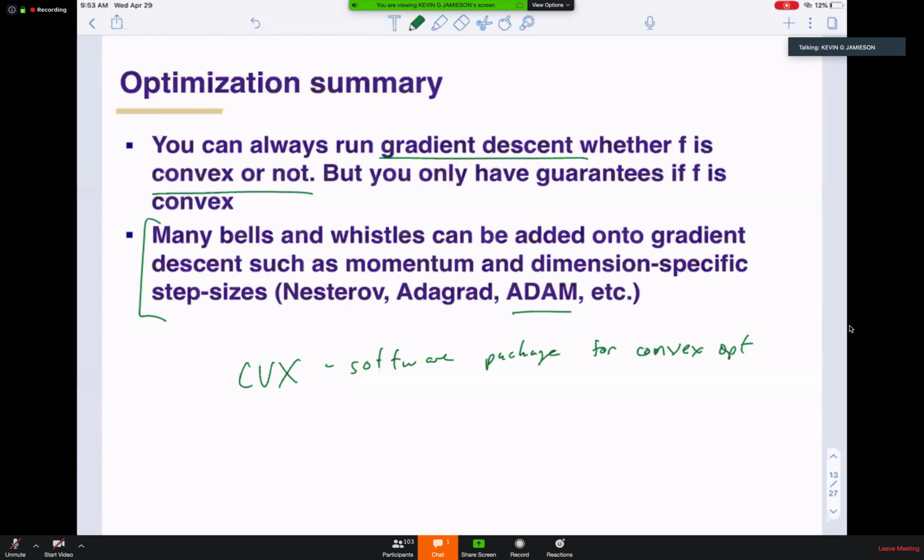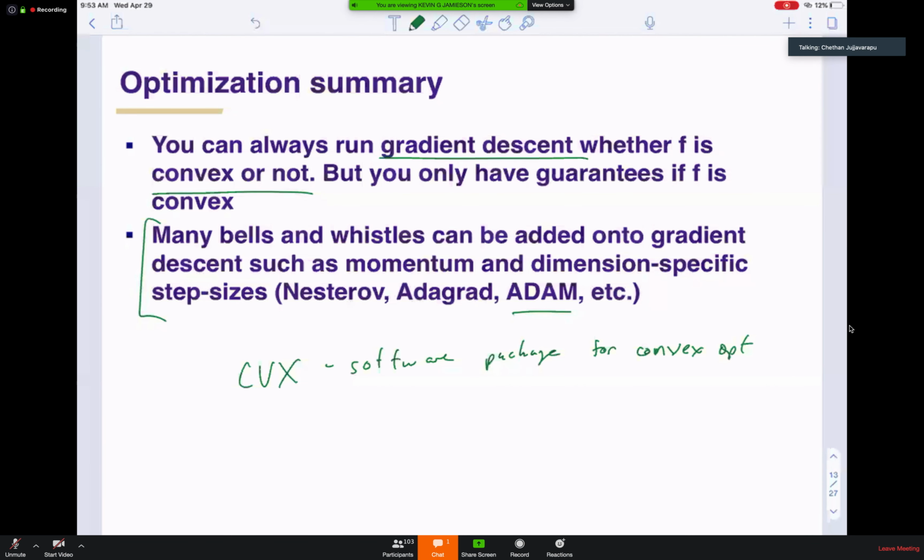Adagrad and Adam are really just, instead of having a single step size for every dimension, having a different step size for each dimension. In practice, this can result in a huge win, and theoretically, you can also prove that it works better.